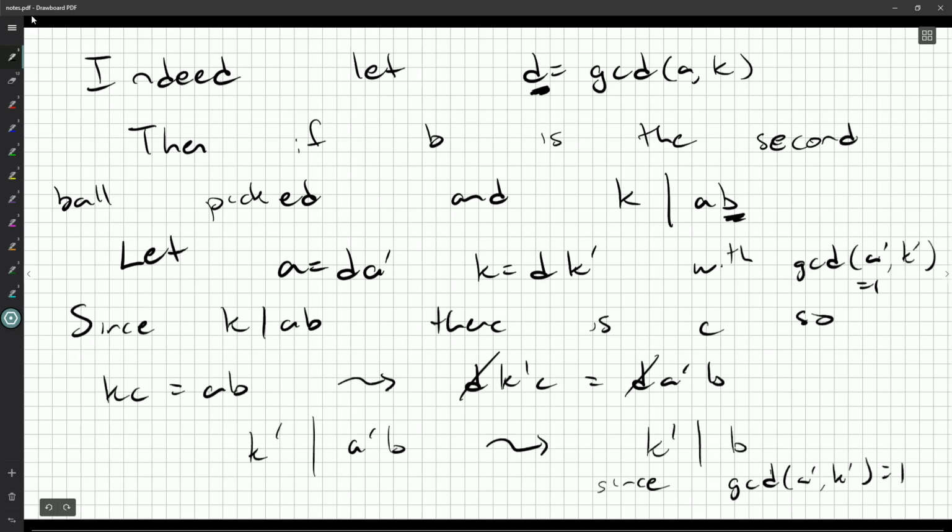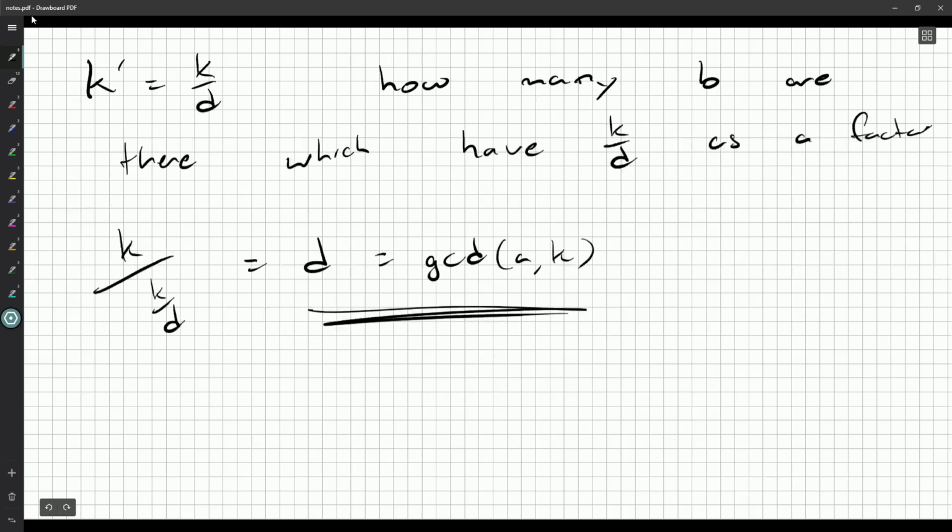There we go. Since they're relatively prime, it has no factors in common with A', so all of the factors of K' in this product are hidden in B. Okay. So this is great. So I've proved the result.